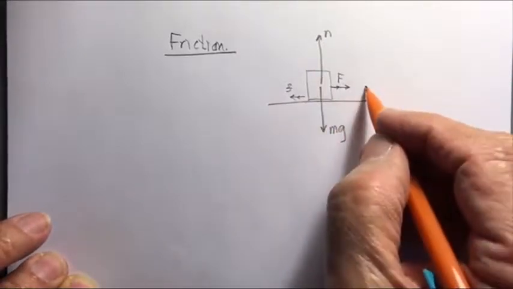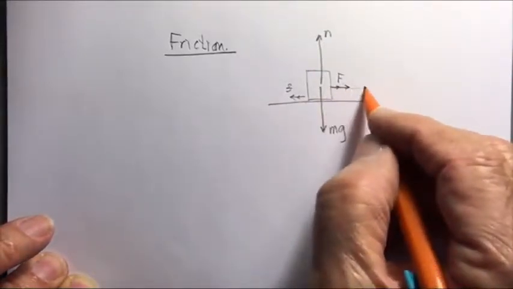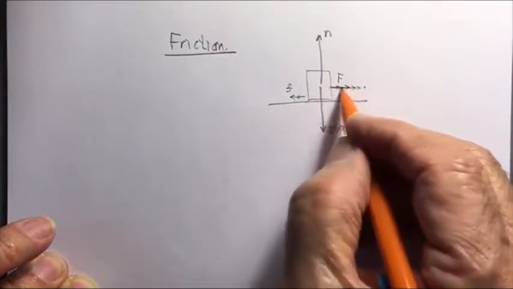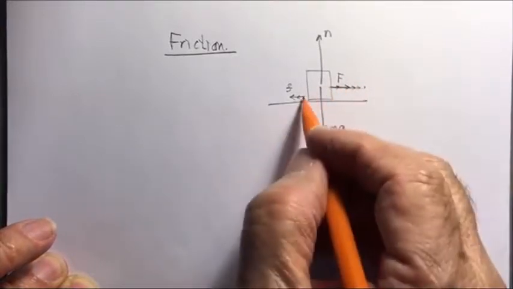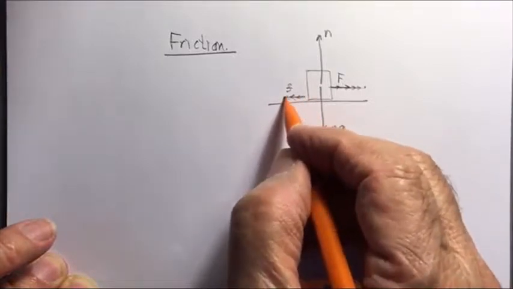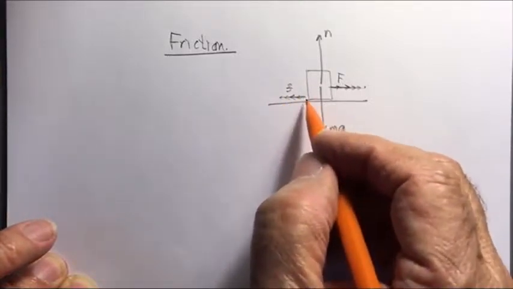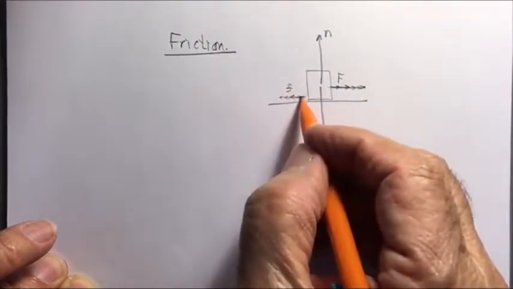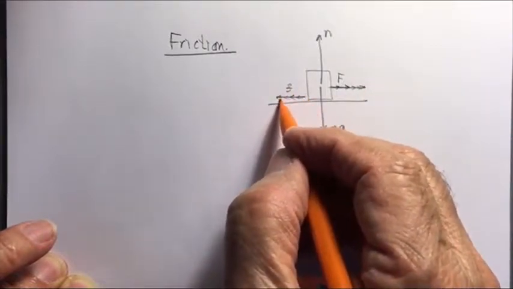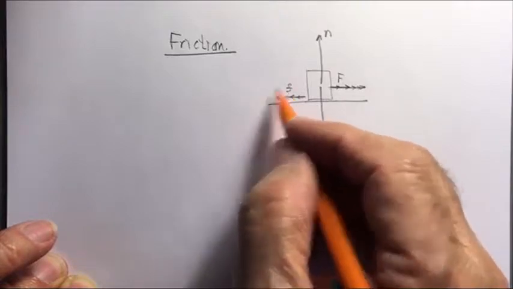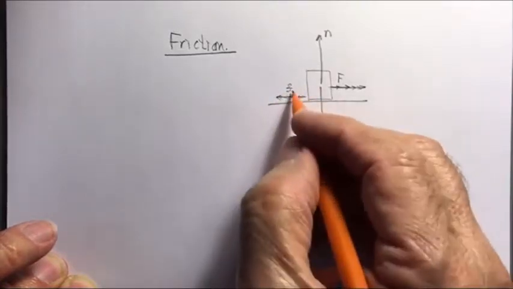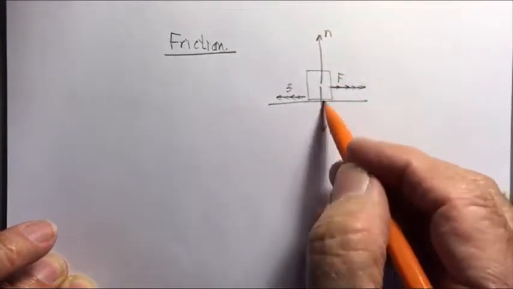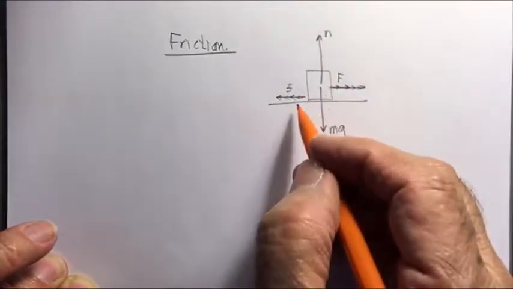So let's suppose it requires this much force for it to start moving. As you keep making the force bigger and bigger, the friction automatically gets bigger and bigger until the force reaches a value where the friction can no longer get bigger. That is the maximum friction that can exist between the object and the floor.